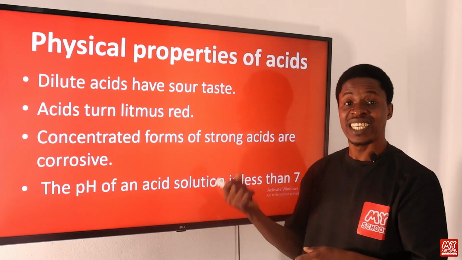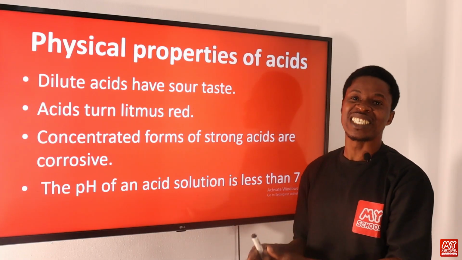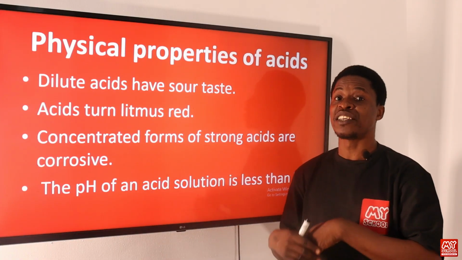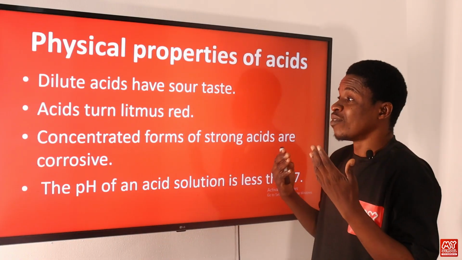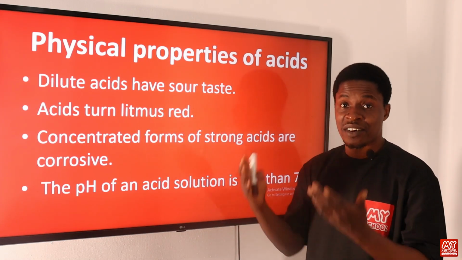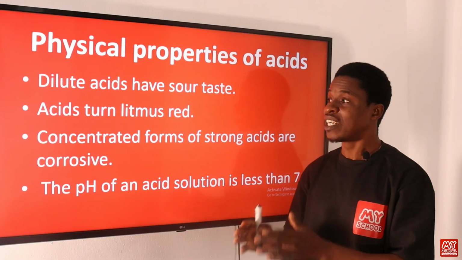And if it is a red litmus paper you dip into an acidic solution, the color still remains red. So that's why we say acids turn litmus red. Whether you say acid turns blue litmus red, you are correct, or you say acid turns litmus red, the color red still remains the same.